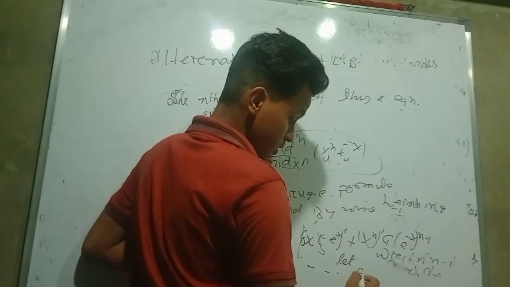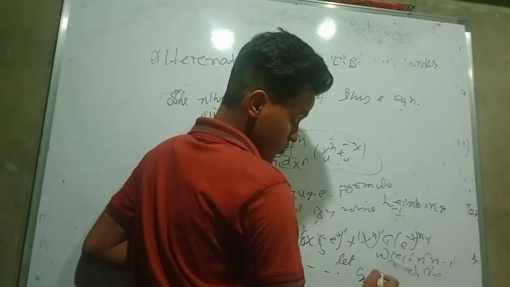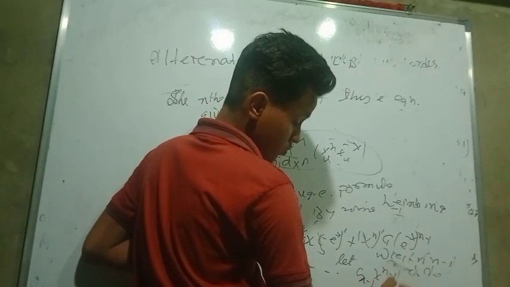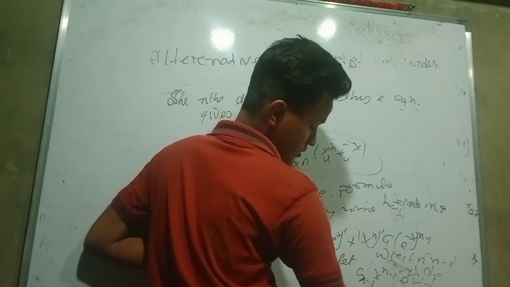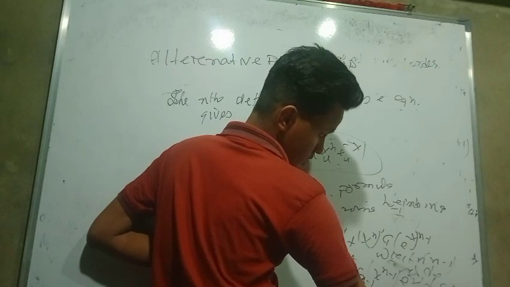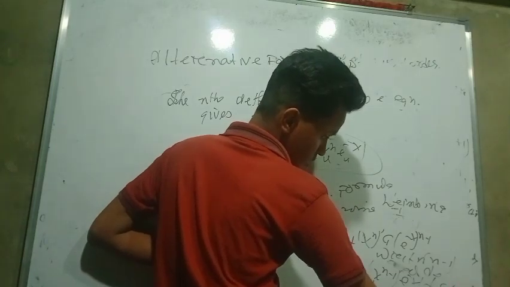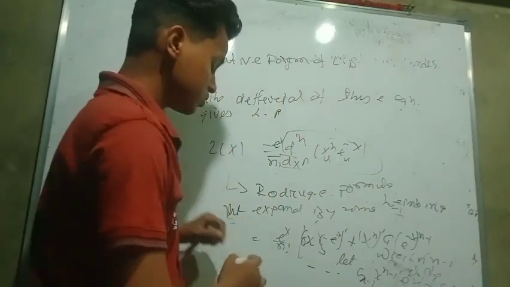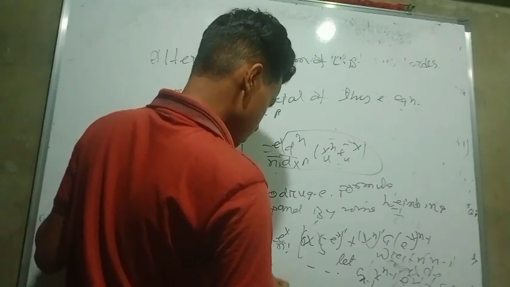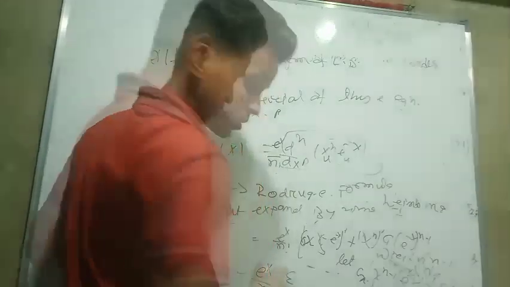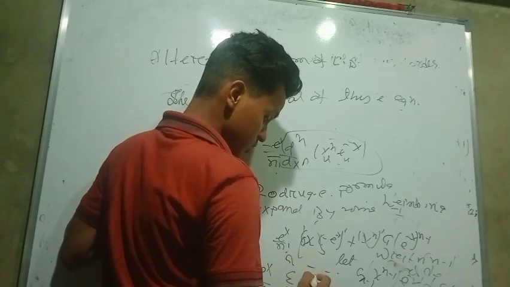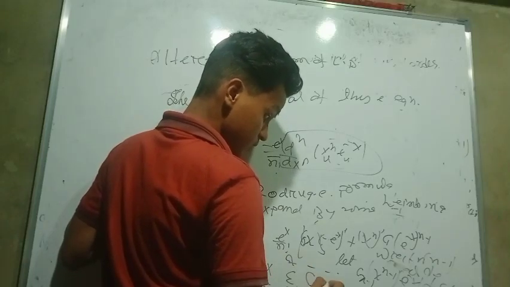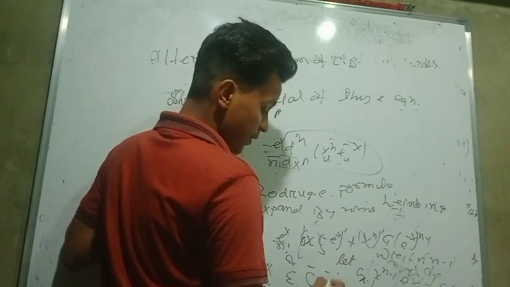Similarly, we get C(n minus 1) x to the power n minus 1 into e to the power minus x, plus Cn x^n e to the power minus x, which reduces to e to the power x upon n factorial, summation, let's say instead of n I am using r, from 0 to infinity.